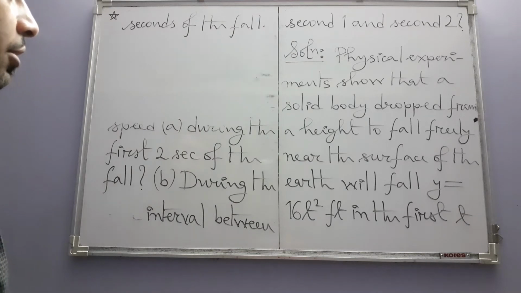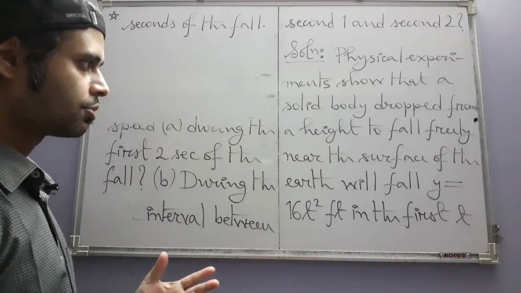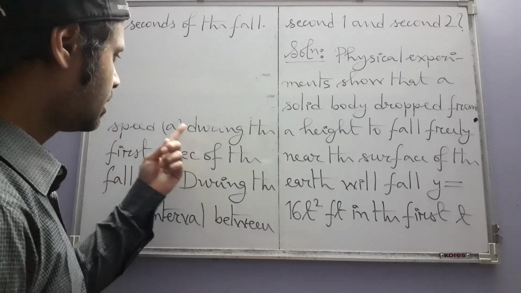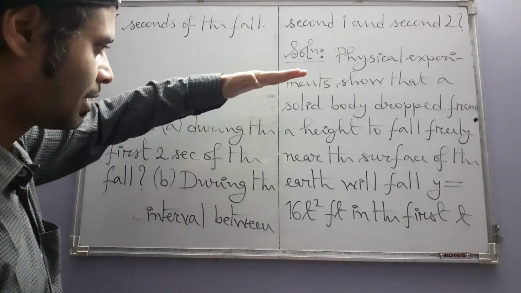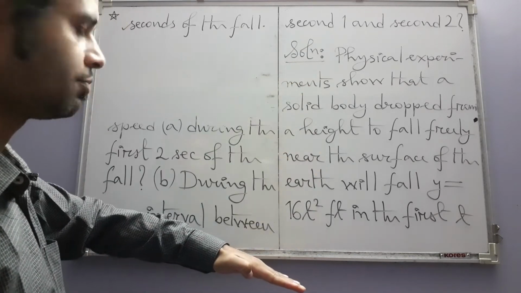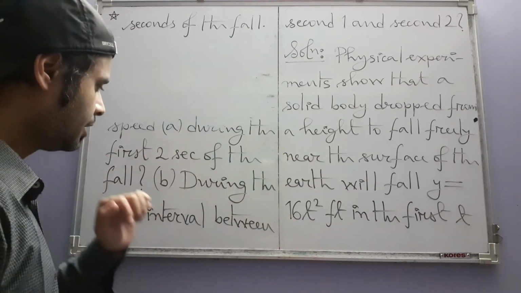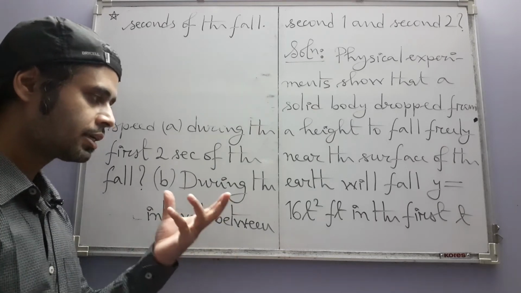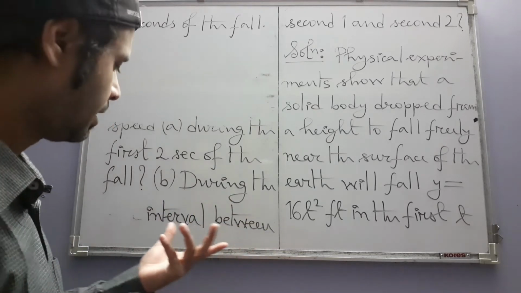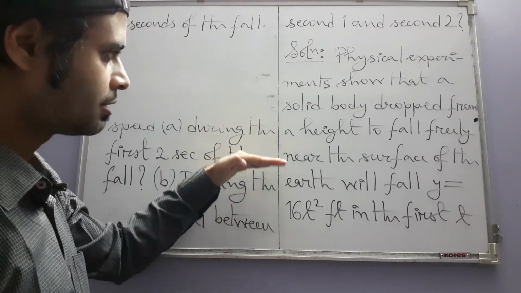Based on this, we can of course now calculate parts A and B. So what is it that we have to do? In part A, we have to find the average speed during the first 2 seconds of the fall. And in part B, the average speed during the 1 second interval between second 1 and second 2.